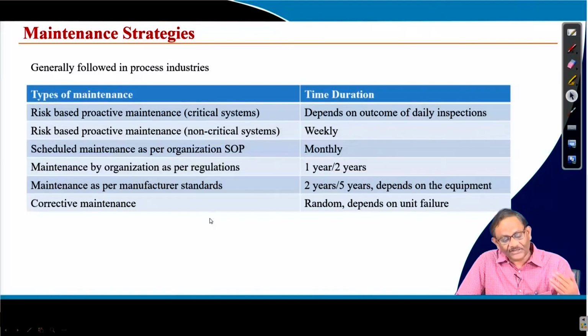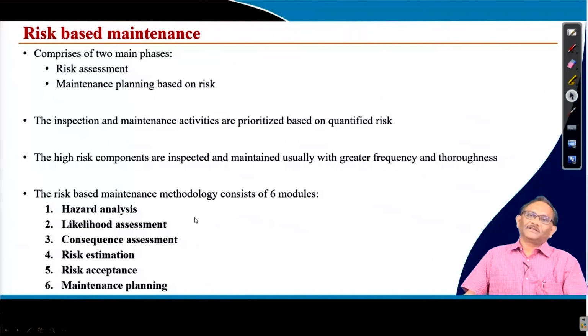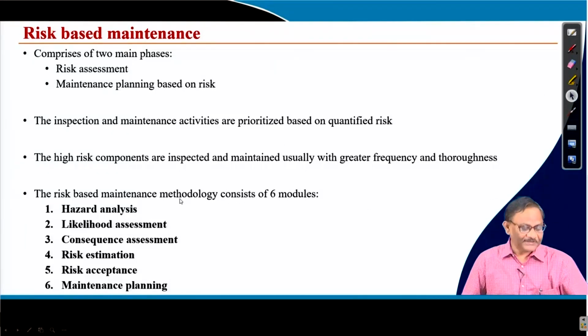Now, which strategy is good and which is bad? These maintenance decisions are safety risk decisions. It all depends on many things: the equipment, the importance of the equipment, the criticality of failure, safety consideration, then your budget, so many issues are involved. Then we will discuss the concept of risk-based maintenance and how things will be done.